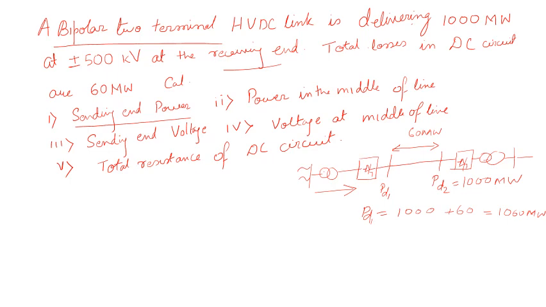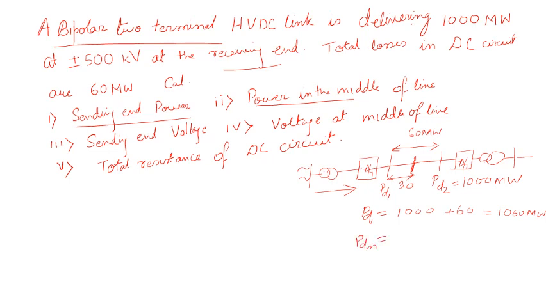Now similarly, if you want to calculate the power at the middle of the line, this is the middle of the line. Half of the loss will be 30, right? So what is PDM?